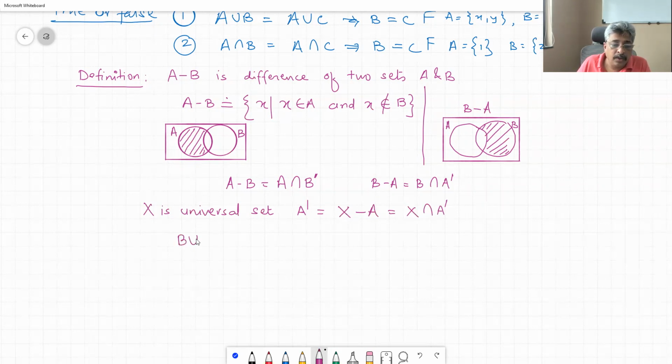B union X is equal to X. B intersection X is equal to B. B union empty set is B. B intersection empty set is empty set.